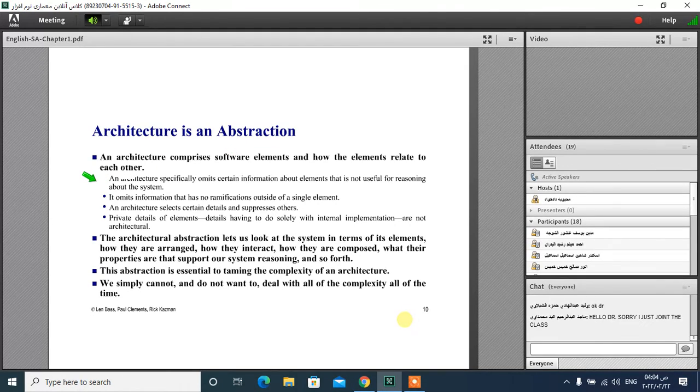So in architectures we specifically omit some detailed information about the elements, especially the internal information about elements that is not useful for reasoning about the system, that is not useful for the architecture of the system. Some of the detailed information about how the element works and how it is implemented internally is not going to be considered when designing the architecture.